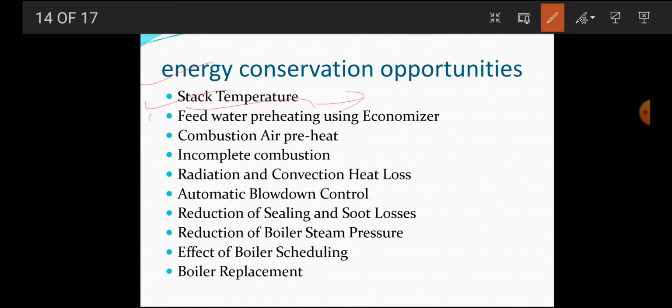The second opportunity is feed water preheating using an economizer. The potential for energy savings depends on the type of boiler installed and the type of fuel used. Typically, flue gases leaving a modern 3 pass shell boiler are at a temperature of 200 to 300 degrees Celsius. Thus there is a potential to recover heat from these gases.